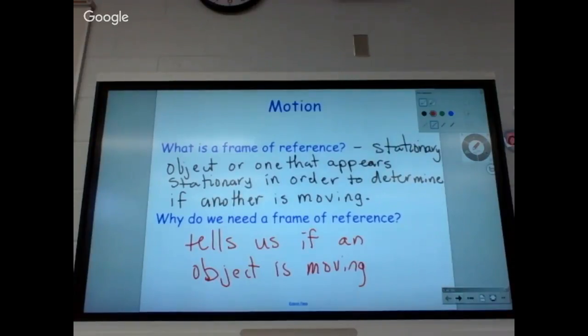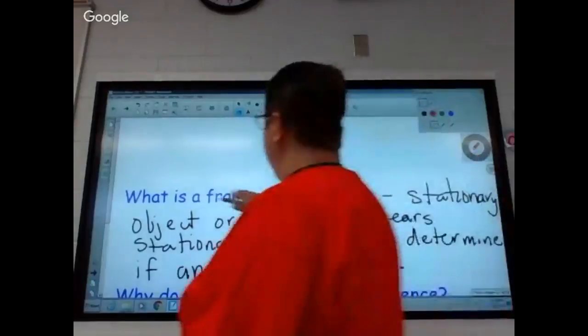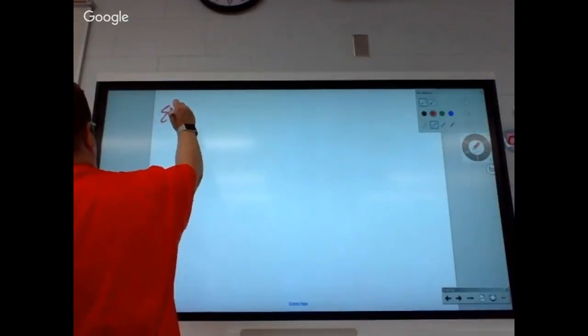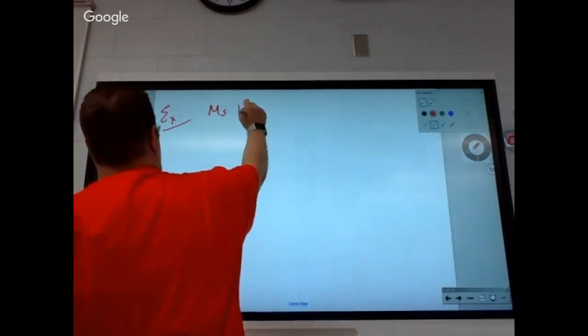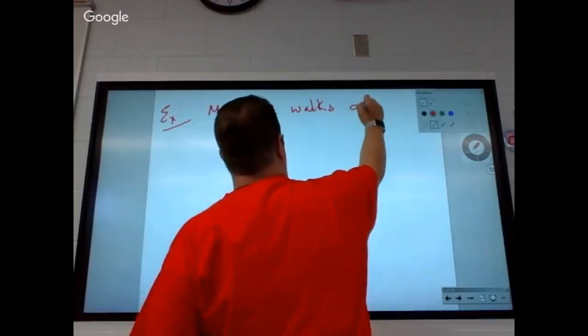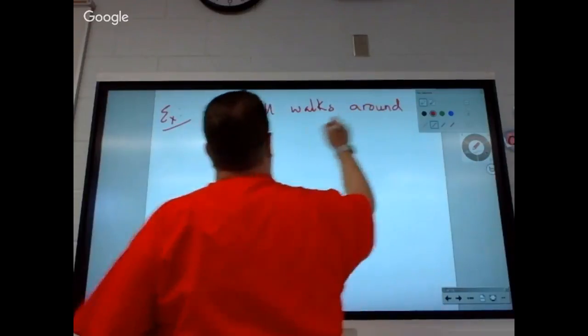All right, so let's say this is our example. This wall walks around the room.